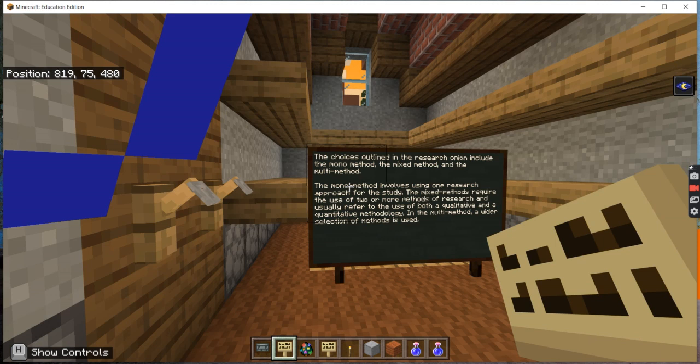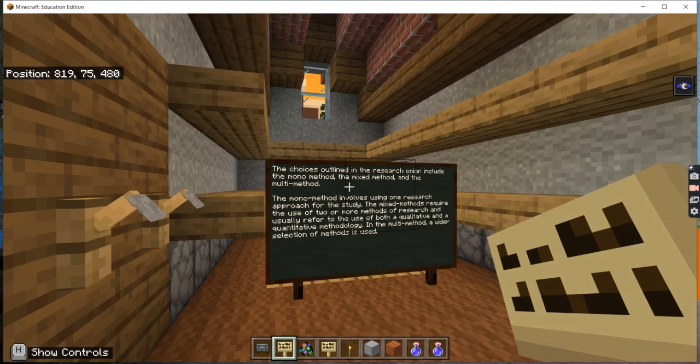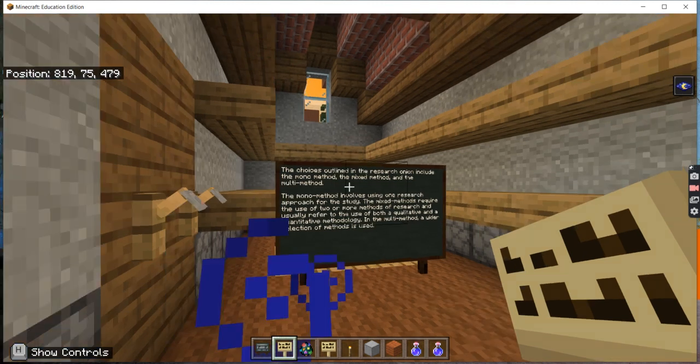With mono method, only one approach can be selected, either qualitative or quantitative. With mixed method, you can use both, and with multi method, you can use more than just one of each. Let's get some instructions.